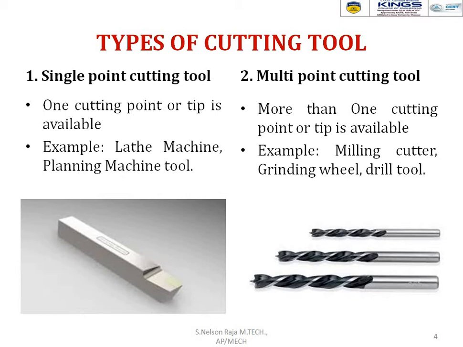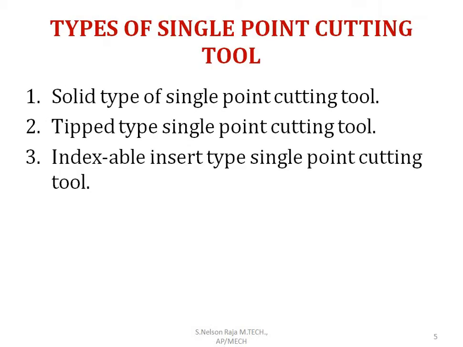In a single point cutting tool, one cutting point or tip is available. Example: lathe machine, planing machine tool. In a multi-point cutting tool, more than one cutting point or tip is available. Example: milling cutter, grinding wheel, and drill tool. These are very familiar examples of multi-point cutting tools.